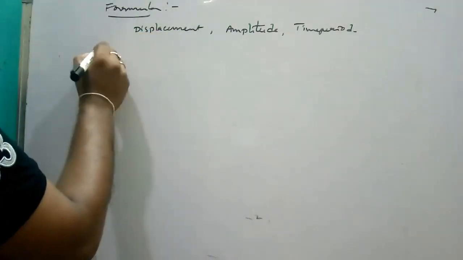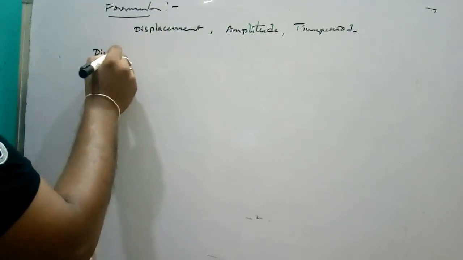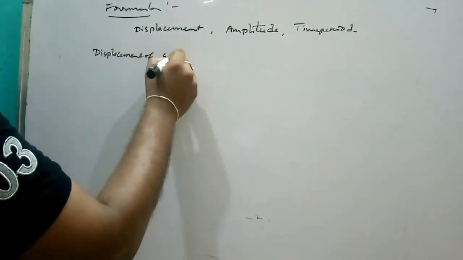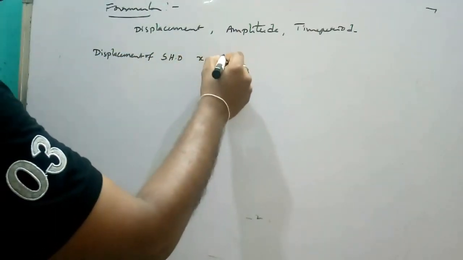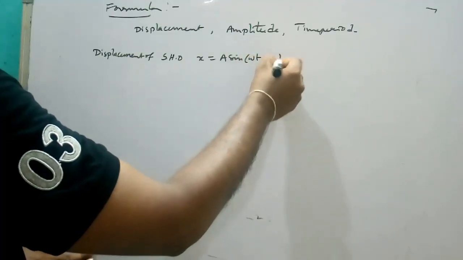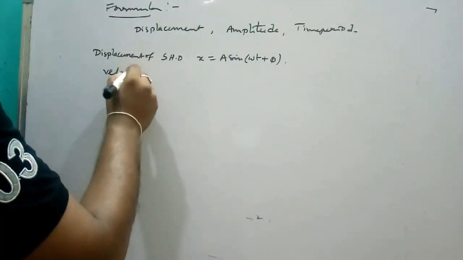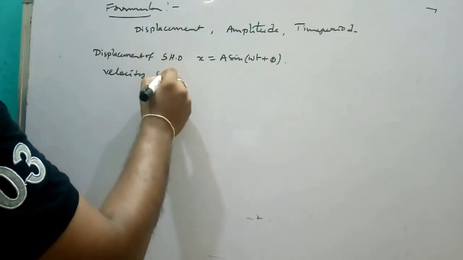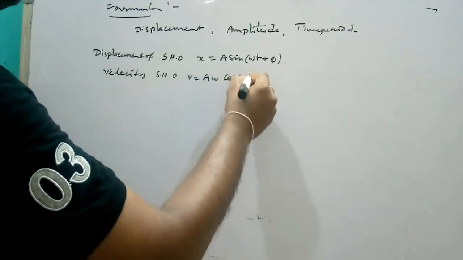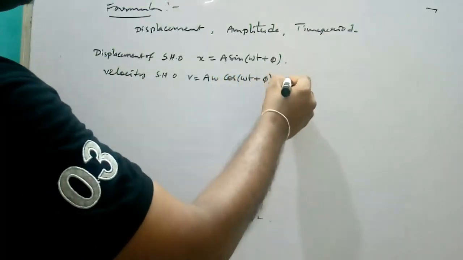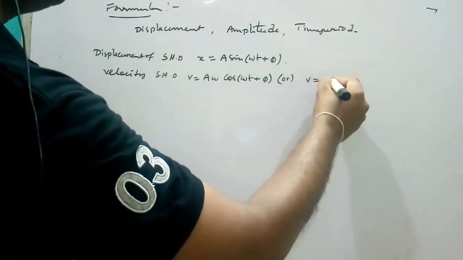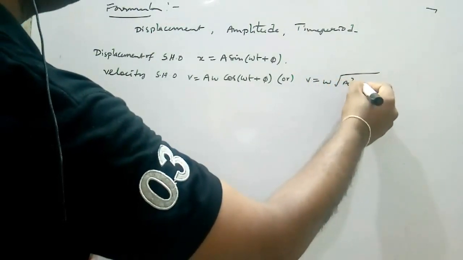What is the displacement of a simple harmonic oscillator? Displacement is x equal to a sine of omega t plus pi, and the velocity of the simple harmonic oscillator is v equal to a omega cos of omega t plus pi, or omega into under root of a square minus x square.